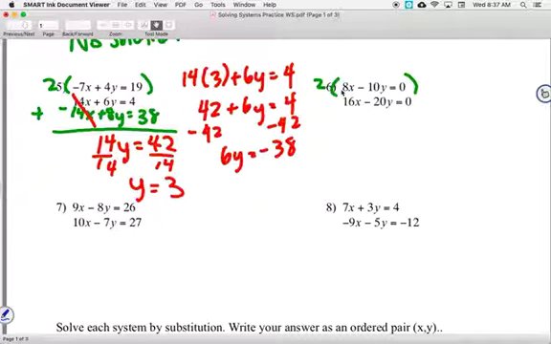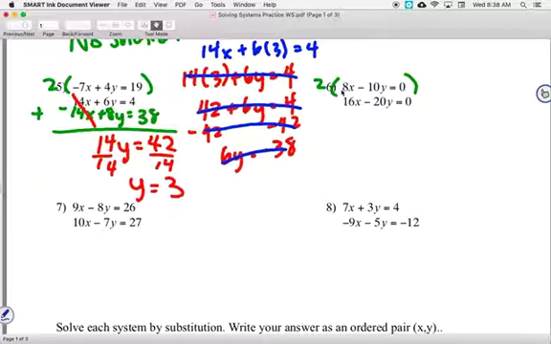Alright, so we're going to do this. Okay, so 14x plus 6 times 3 equals 4. Okay, and now we're going to solve. Now it's in the right spot. We can't plug y in for x, that doesn't make any sense. If any of you notice mistakes like that, I occasionally make mistakes, and you're certainly welcome to correct me.